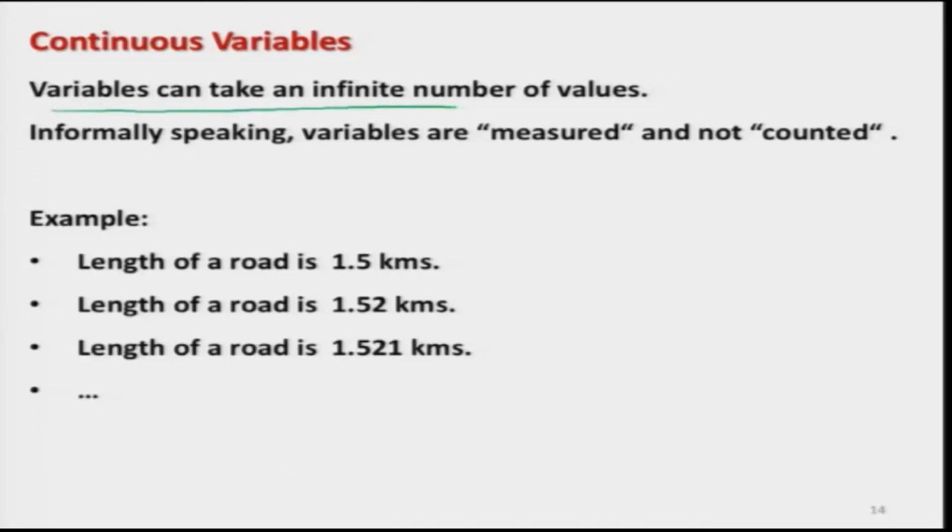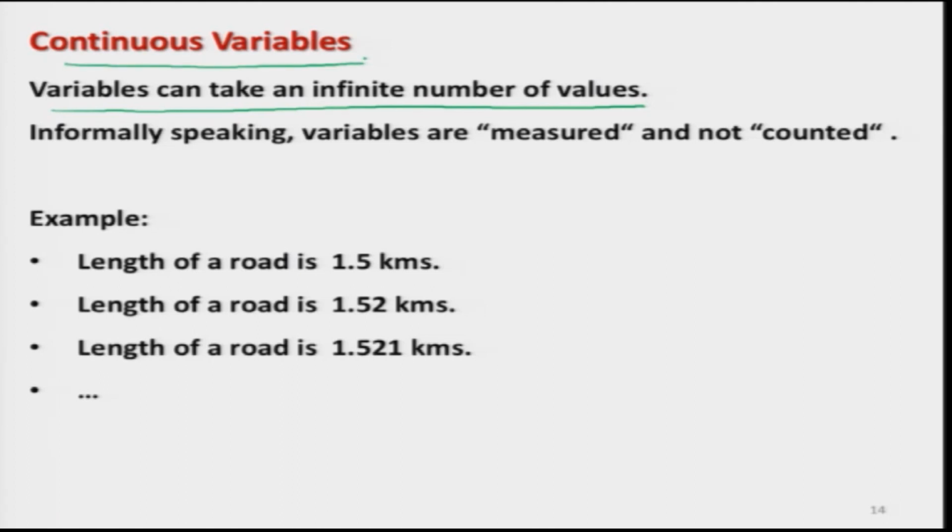So, now in case you try to associate this definition of counting, there is another option that a variable can also take a value in fraction, say 2.1, 2.2 and 2.3 also. Those variables which can take an infinite number of values are called continuous variables.